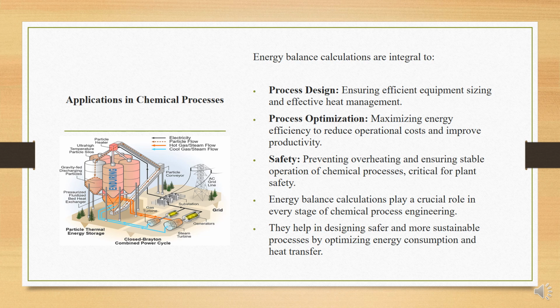Safety, preventing overheating and ensuring stable operation of chemical processes, critical for plant safety. Energy balance calculations play a crucial role in every stage of chemical process engineering. They help in designing safer and more sustainable processes by optimizing energy consumption and heat transfer.